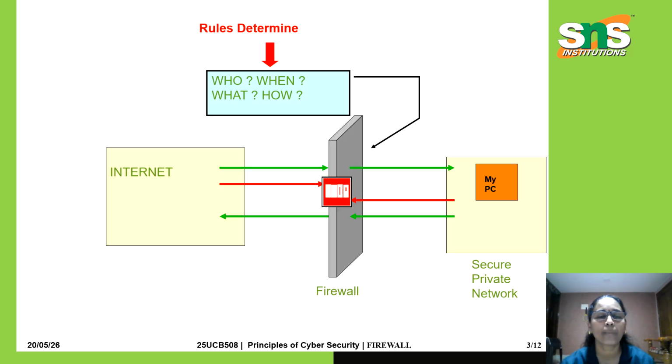The rules determine how, what, when and to whom data has to be transferred. The network sends and receives data from the secured private network, called a personal computer. Whenever I try to transfer data from one place to another, it can travel towards the internet.